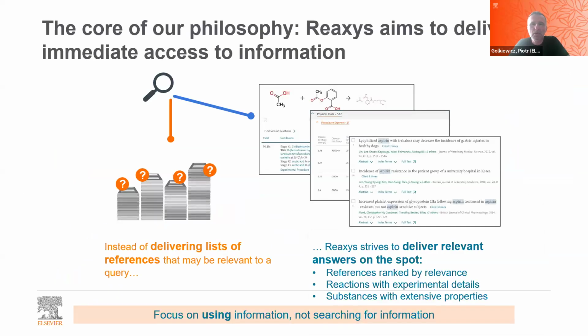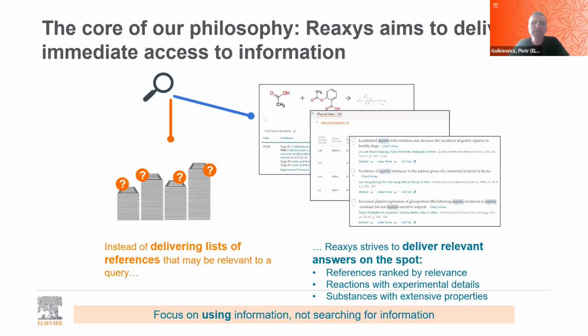Very quickly, the core philosophy of Reaxys and how it is different from other databases. Reaxys will try to answer your question as quickly as possible, and this is thanks to extracted content. We extract a lot of information: structures, reactions, properties, reaction conditions, all the physicochemical properties, bioactivities, use of the product, isolation from natural source.